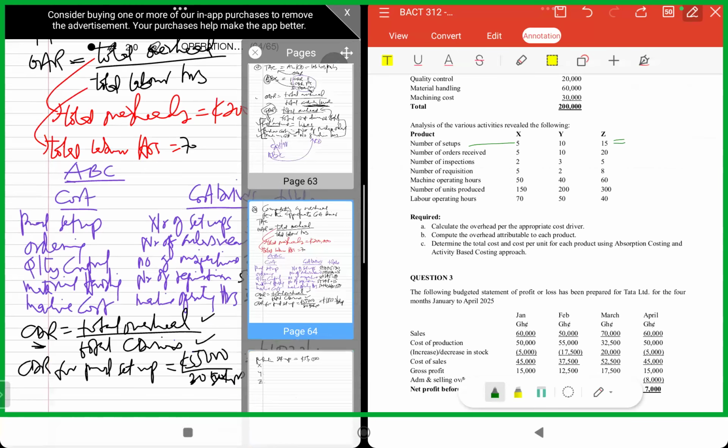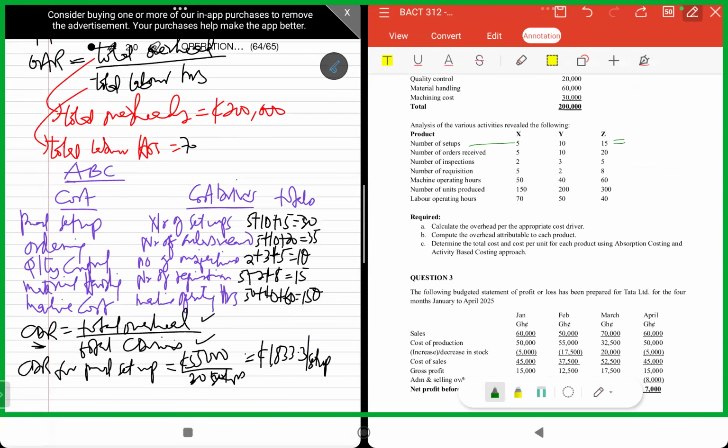We got 30 here. 35 here, 10 here, 15 here, 150 there. That's what is on the left, the totals.